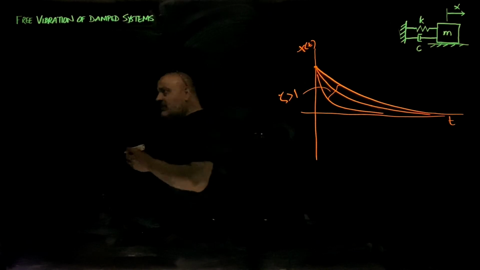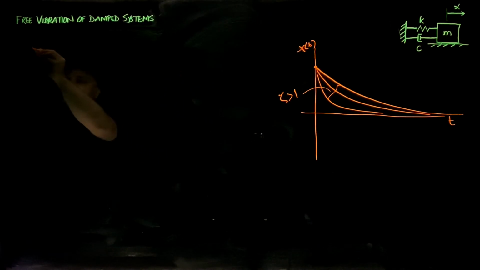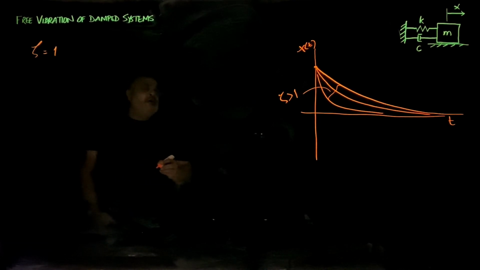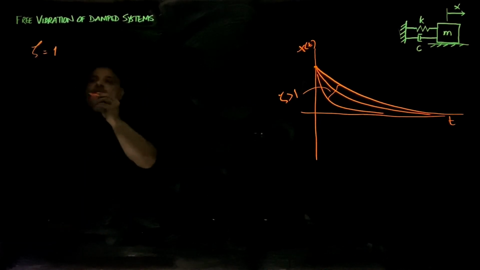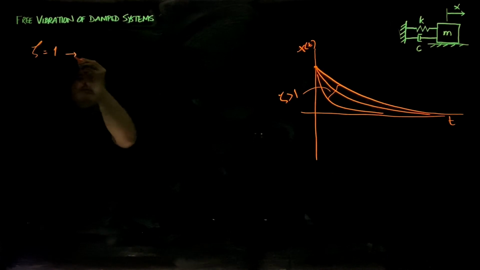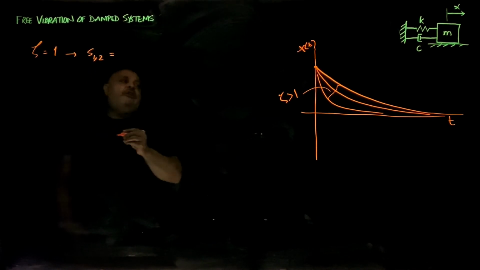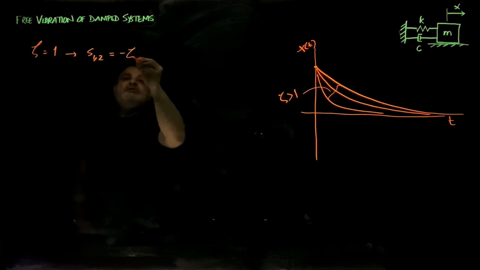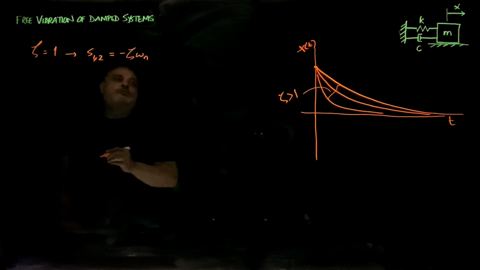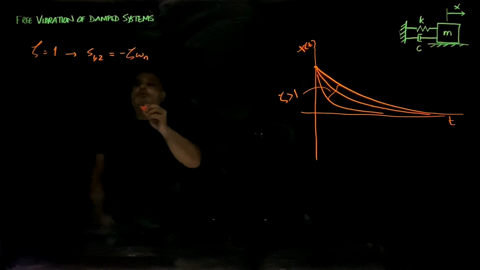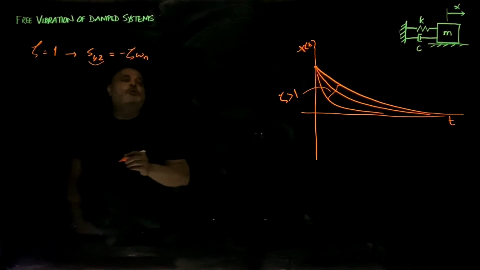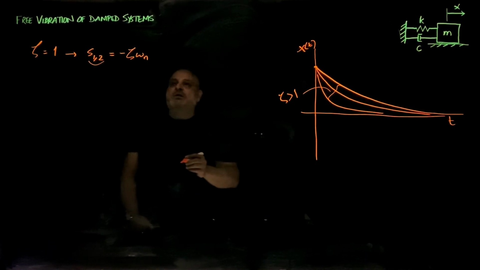Now, what about the case when zeta is equal to 1, which is a critically damped system? The roots s1,2 will be negative zeta omega n, and we said we will have a double root. Both s1 and s2 are negative zeta omega n.